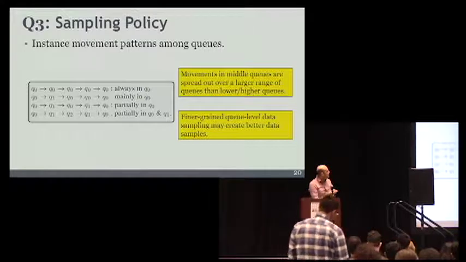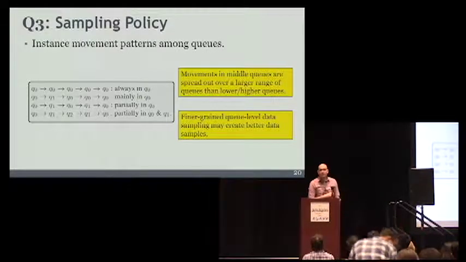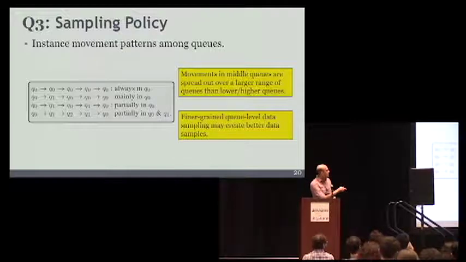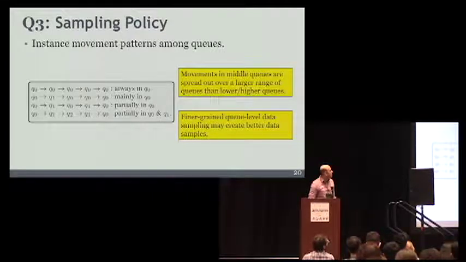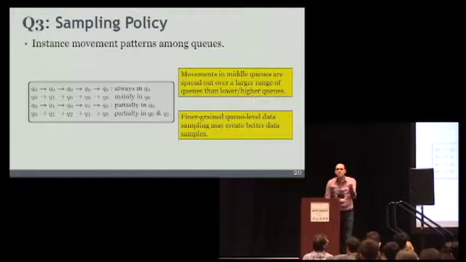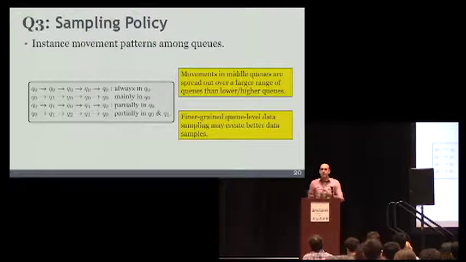I'm showing 4 instances, all of which home in on the exact same queue at the end of 3-4 iterations. Although these instances all go to the same queue, their movement patterns are considerably different. And therefore, we might want to treat them differently, right?